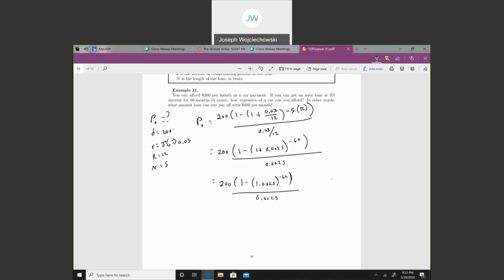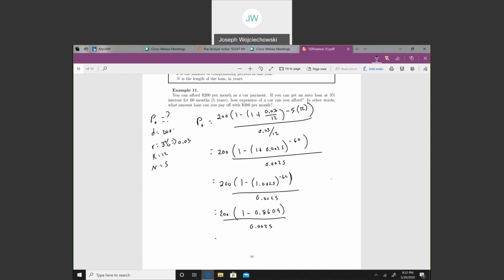So 1.0025 to the negative 60th, all right. Put this in here. 1 minus 0.8609, and that's all over 0.0025. 1 minus 0.8609.